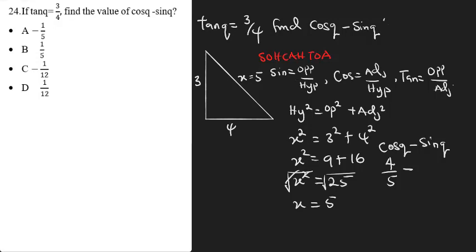Opposite over hypotenuse. So what is our opposite? It is 3 over hypotenuse 5. So 3 over 5. Since the denominators are the same, you're going to subtract the numerators. 4 minus 3 is 1 over 5. So the answer is 1 over 5, which is here. B is the answer. So let's move to the next question.